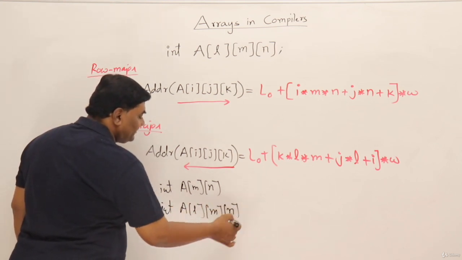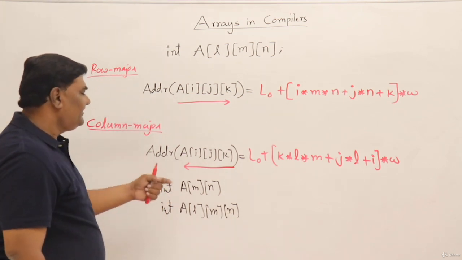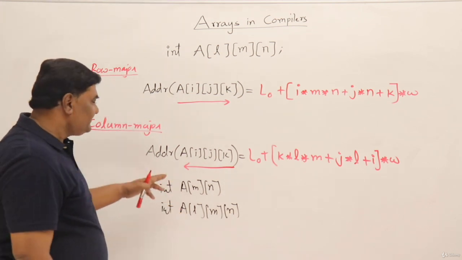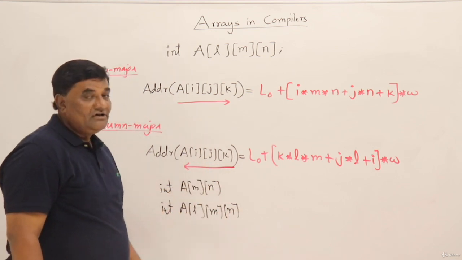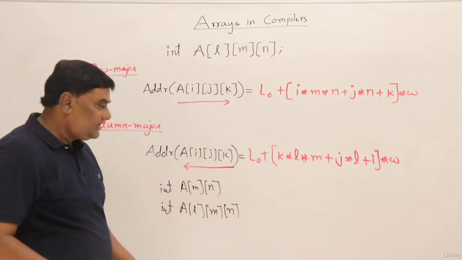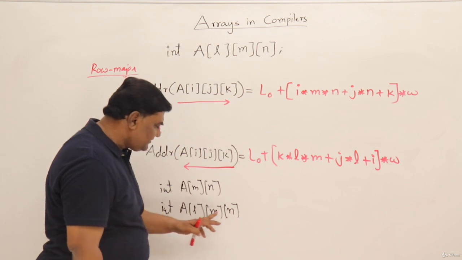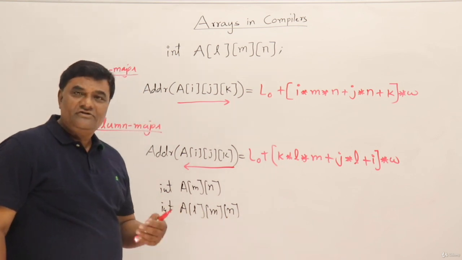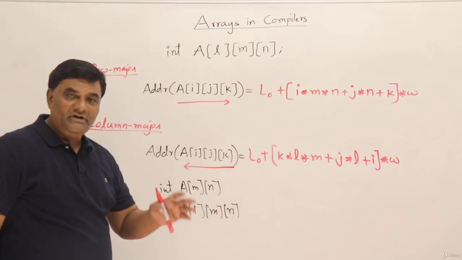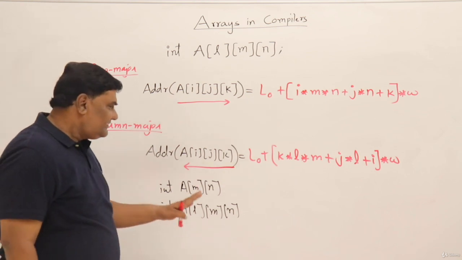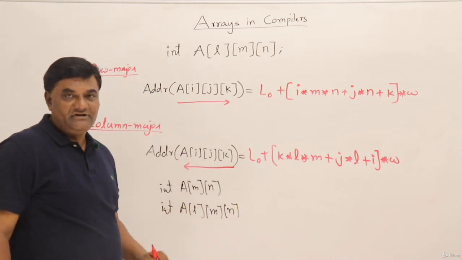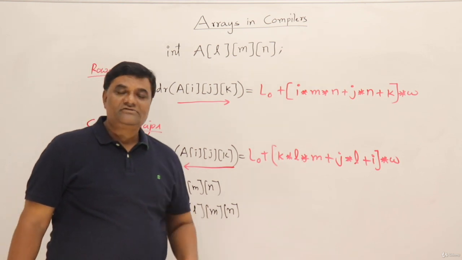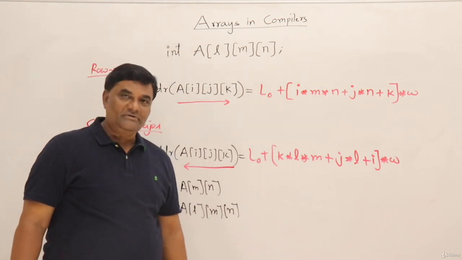Row measure means go from left to right and column measure means go from right to left. Don't say first column then row, because there are 3 dimensions. If this is row, this is column, then what is this? So let us avoid giving any name to that. Let us say for row measure left to right, for column measure right to left. So that's all about the 3-dimension formula.